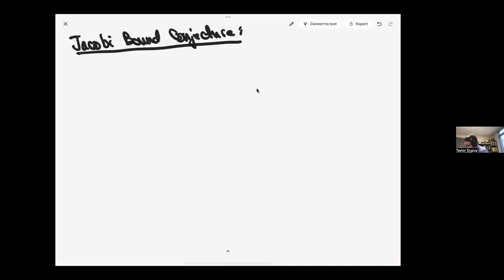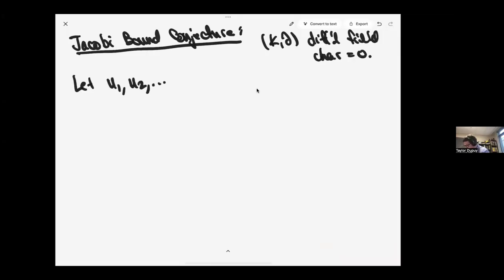Okay, so here we're going to work with (k, delta). This is a differential field. You can suppose it's differentially closed, and it's going to be characteristic 0. And what we're going to do is take n differential polynomials in n variables.